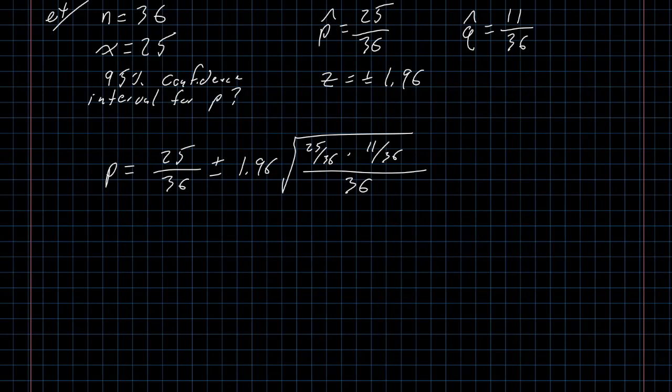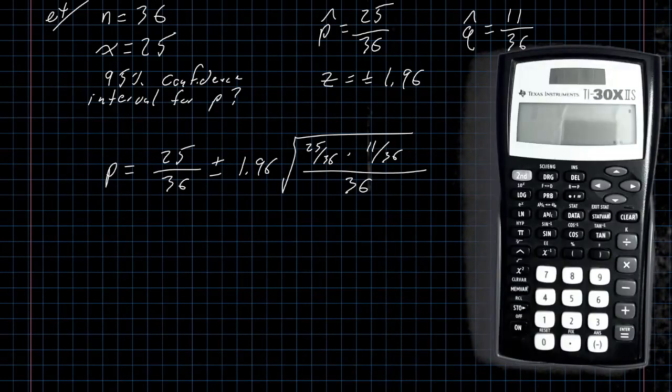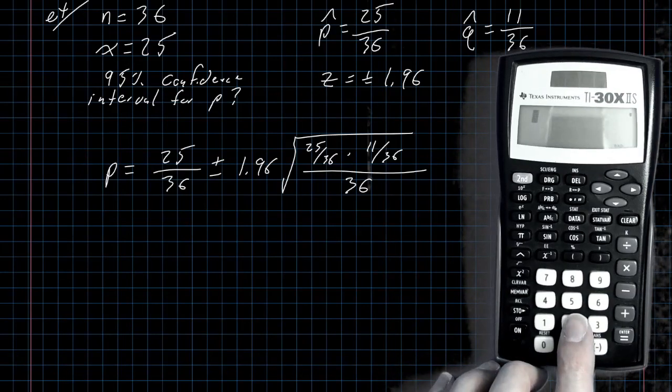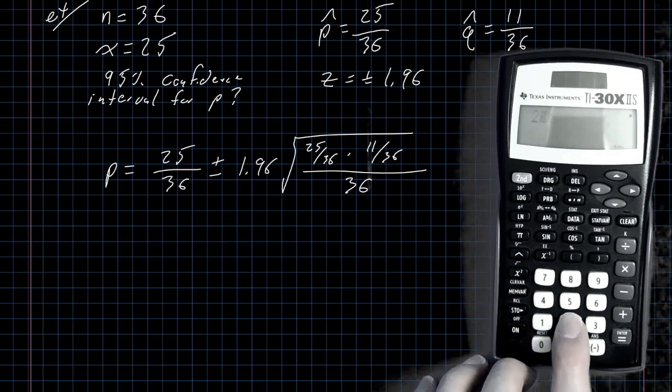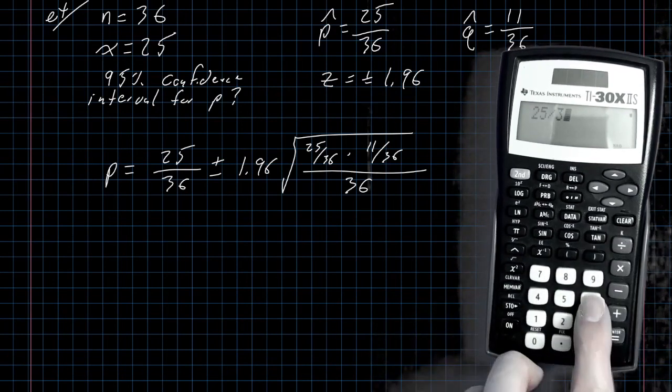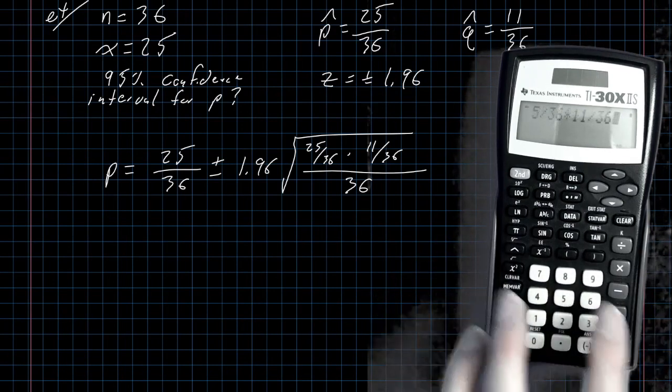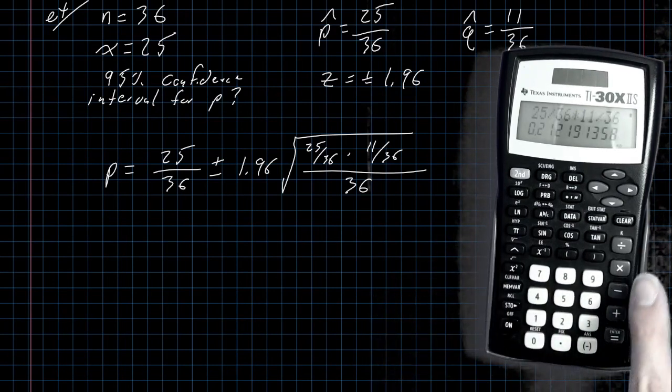All right, maybe I'll do this calculation in a couple of separate steps. I'll start with the multiplication in the numerator underneath the square root. So I have 25 divided by 36 times 11 divided by 36, which is going to give me an ugly decimal number.